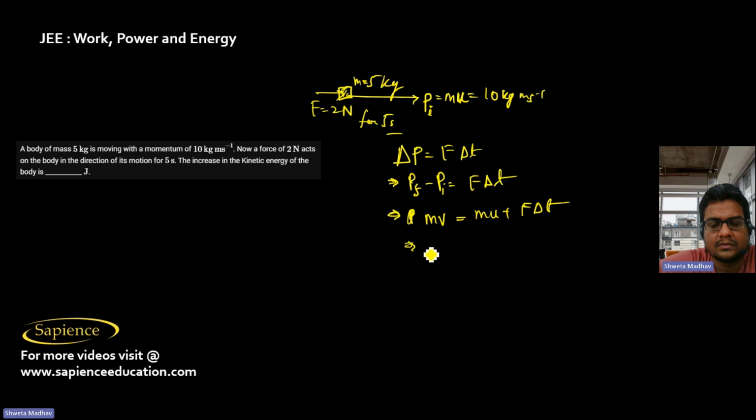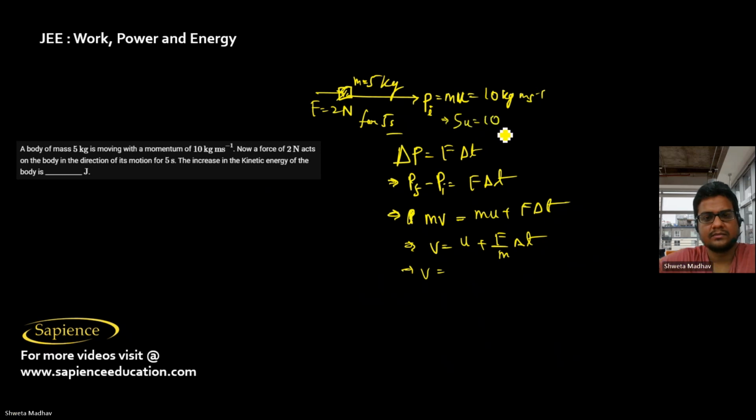So V will be equal to U plus F by M into delta T. Here 5U is equal to 10, so U equals 2 meter per second.